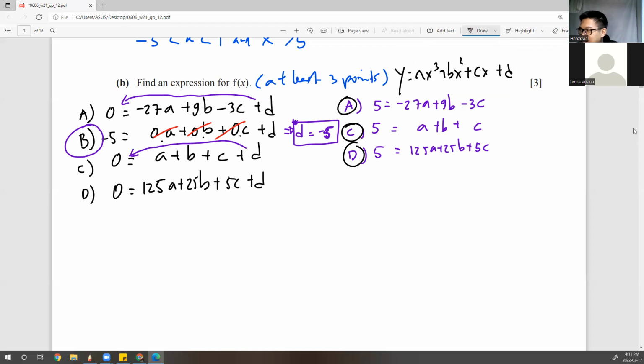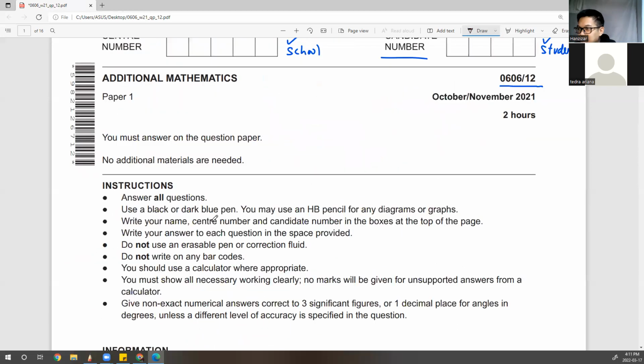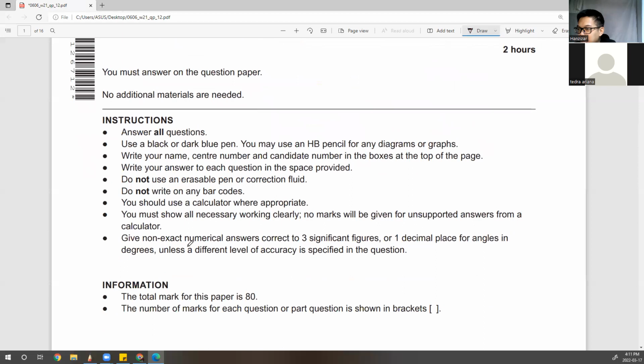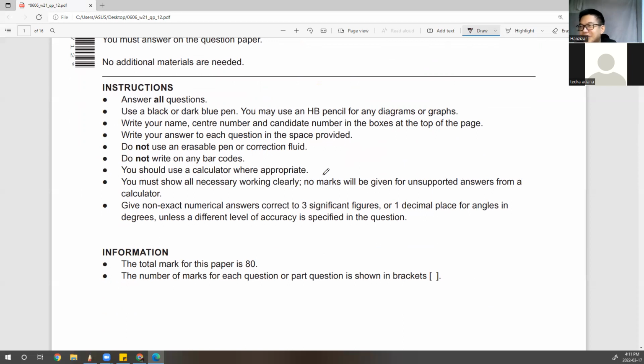I want to eliminate C, so I have to multiply this by 3, right? So 5 equals, I rewrite one more time. Can we use a calculator here? No marks will be given for unsupported answer from calculator.